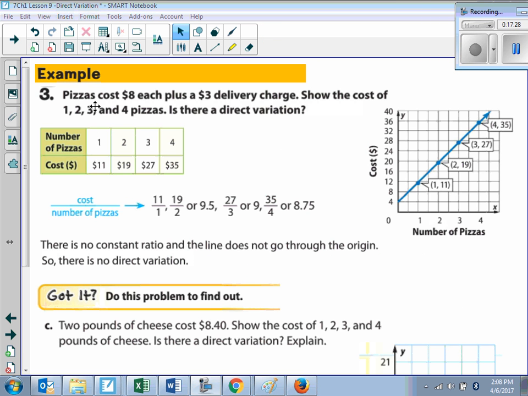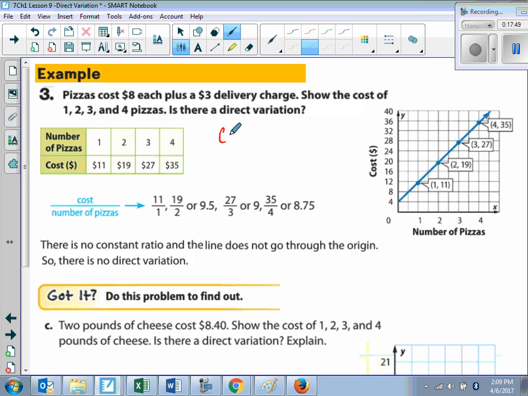All right, for example 3, it says pizzas cost $8 each plus a $3 delivery charge. We want to show the cost of 1, 2, 3, and 4 pizzas, and we want to know, is there direct variation? Now, the equation that we're going to look at says $8 each plus a delivery charge.